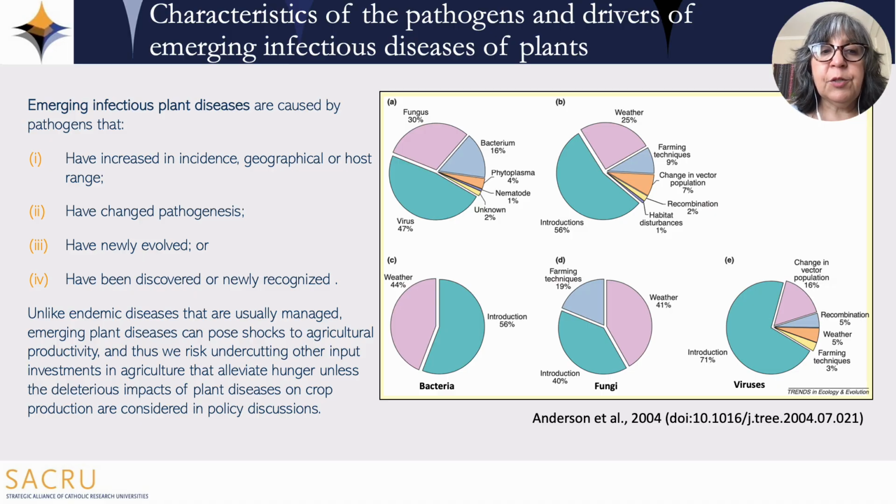Emerging infectious plant diseases are caused by emerging plant pathogens that have increased their incidence or geographical distribution, or these pathogens may have changed their host range, meaning that they can infect new hosts.